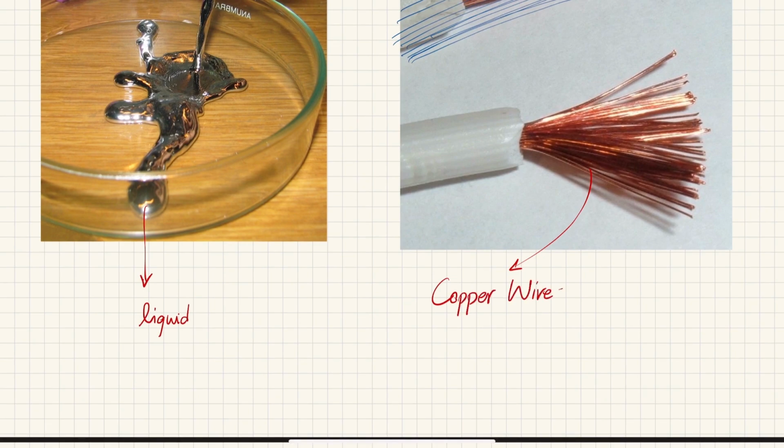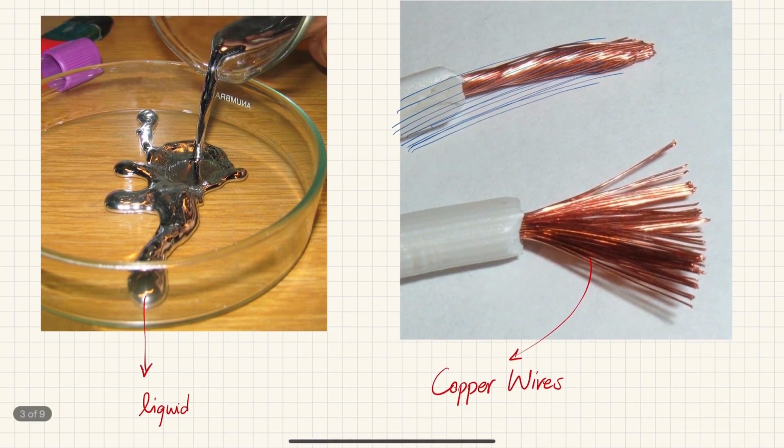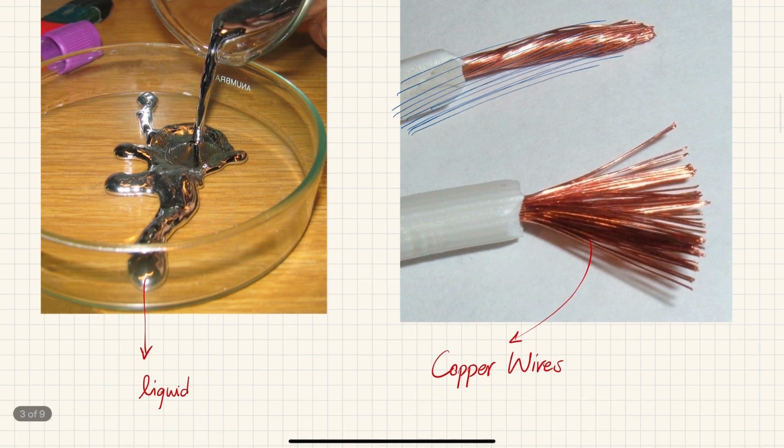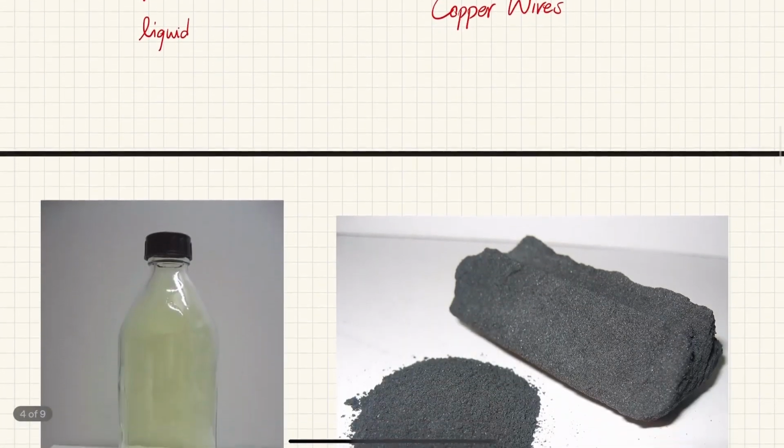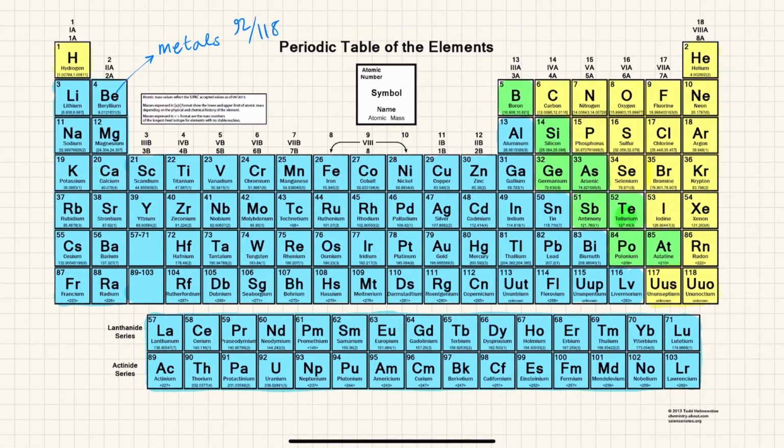For instance, copper wires are highly in demand these days, as you can see their picture in the slide. These properties are the result of metallic bonds between metal molecules and atoms, which we discuss in another video separately.